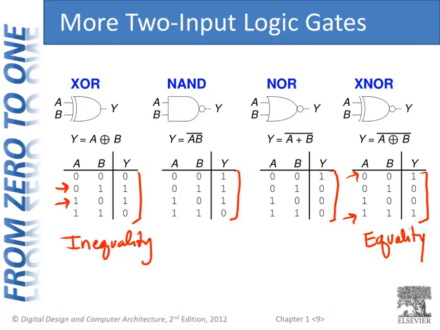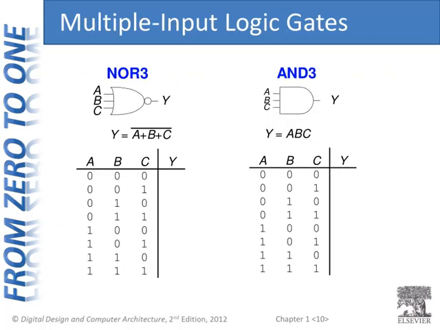Okay, so let's look at multiple input gates. Here's a multiple input NOR gate. So a NOR 3, a 3-input NOR gate. So again, this is shorthand for this functionality, the inverse of an OR gate.